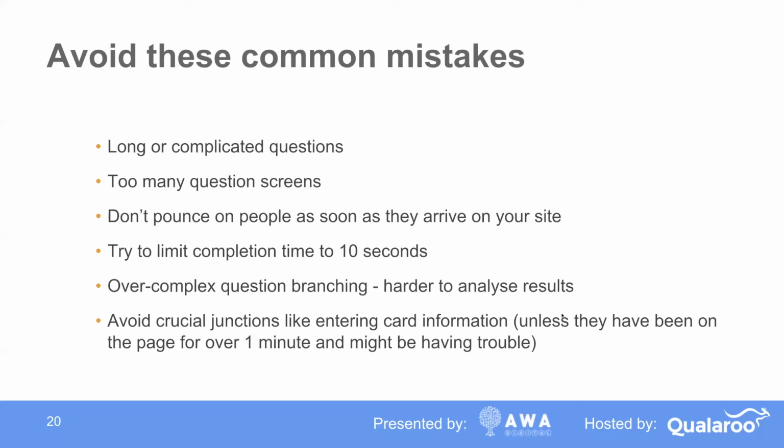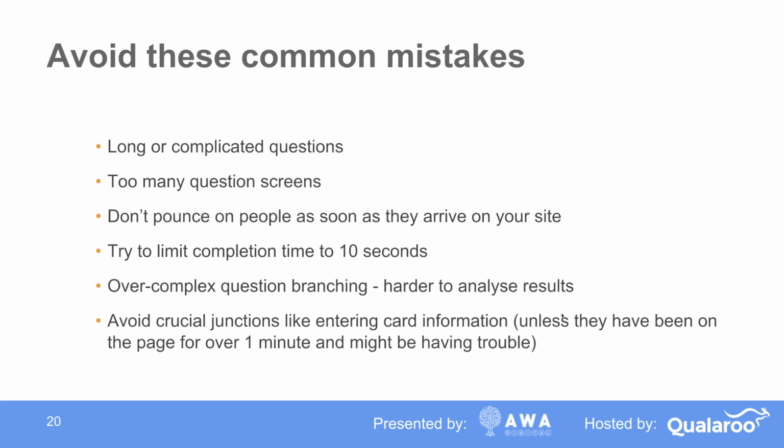And then the one there about overcomplex question branching, that's really just for your own sake, is when you use a lot of question branching, it makes it harder to analyze. I tend to take that punishment because the insights and the data that you get back is, in my mind, worth that effort.